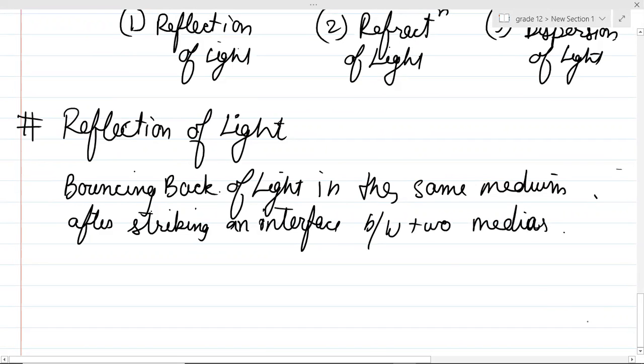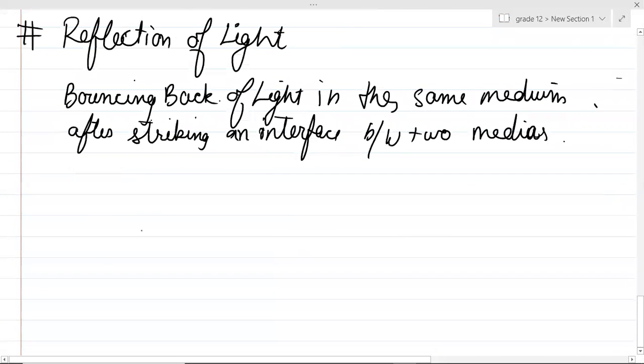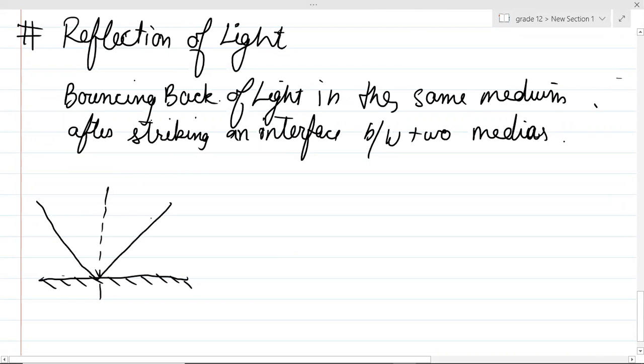Okay. There are certain laws of reflection based on that. So if you have any surface, whether it's a mirror or any particular surface, then what will happen? The light ray will come like this, and after reflection it will go like this. Everyone is aware of this particular thing, no? Incident ray, reflected ray. What is this point called?